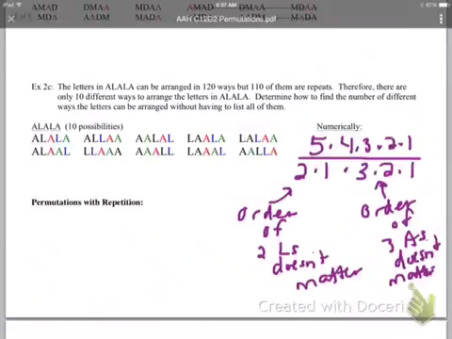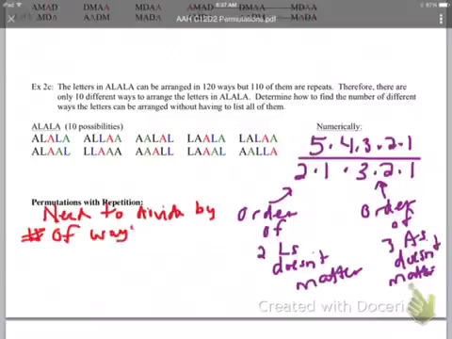Okay? So let's go ahead and write down permutations with repetition. What that means is you need to divide by the number of ways identical objects can be arranged.